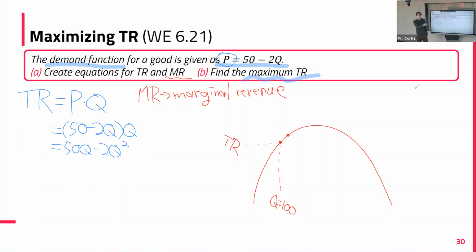What if I sell 101 units? Then we'll have some other Q equals 101, and some other total revenue, this one at 100, this one at 101. What's the difference? If I sell one more unit, how much extra revenue do I get?